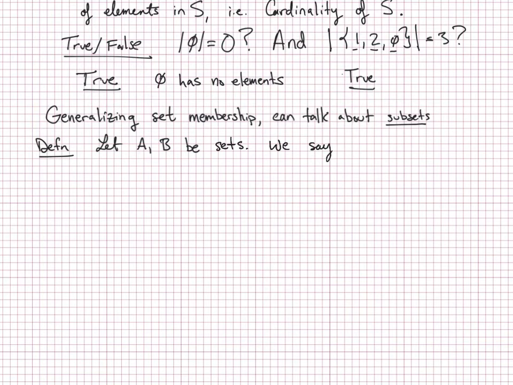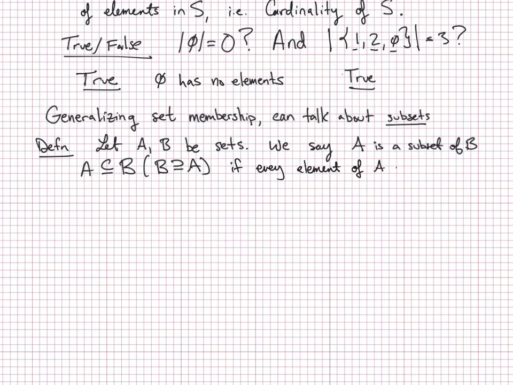So we say that A is a subset of B. The notation for this is, we usually think A is contained in B, or sometimes I'll write B is contained in A when it's convenient, if every element of A is also an element of B. Okay, so in other words, what I can say is if X is in A, then X is in B.